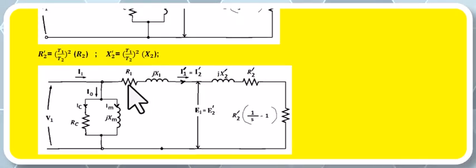If we observe here, this is R1, this is R2 dash, this is X1, this is X2 dash, meaning all the passive elements are in series. So these passive elements can be lumped, that is R1 and R2 dash, similarly X1 and X2 dash. Then the circuit will become like this: R1 plus R2 dash, and X1 plus X2 dash.